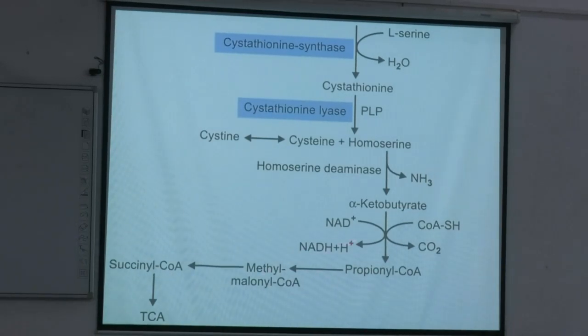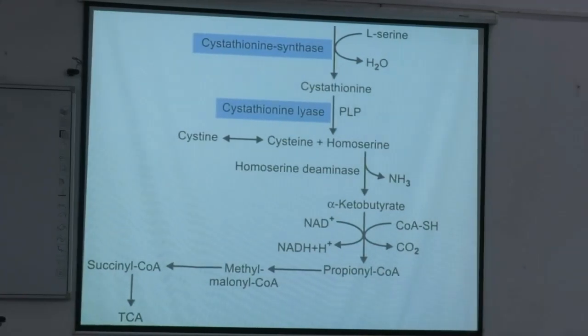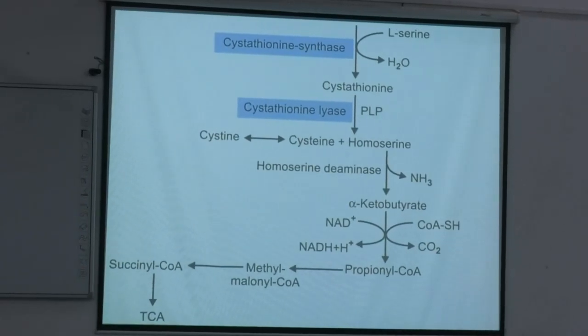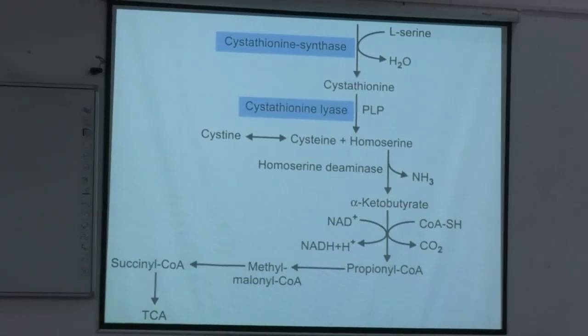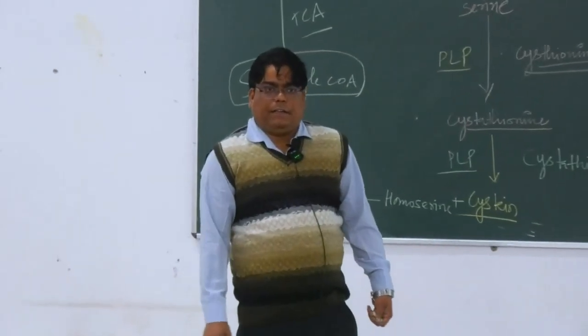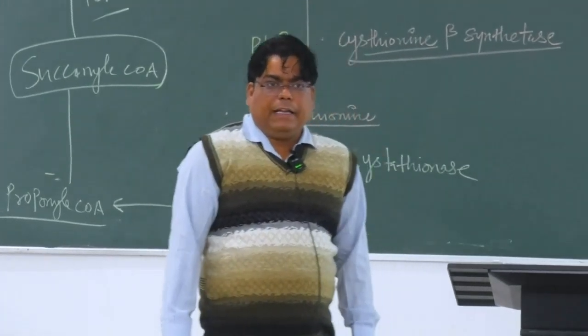I skipped some steps here, you can write them down, no issue. It means that with the combination of serine it forms cysteine, and with cysteine it directly enters the TCA cycle for the production of energy.